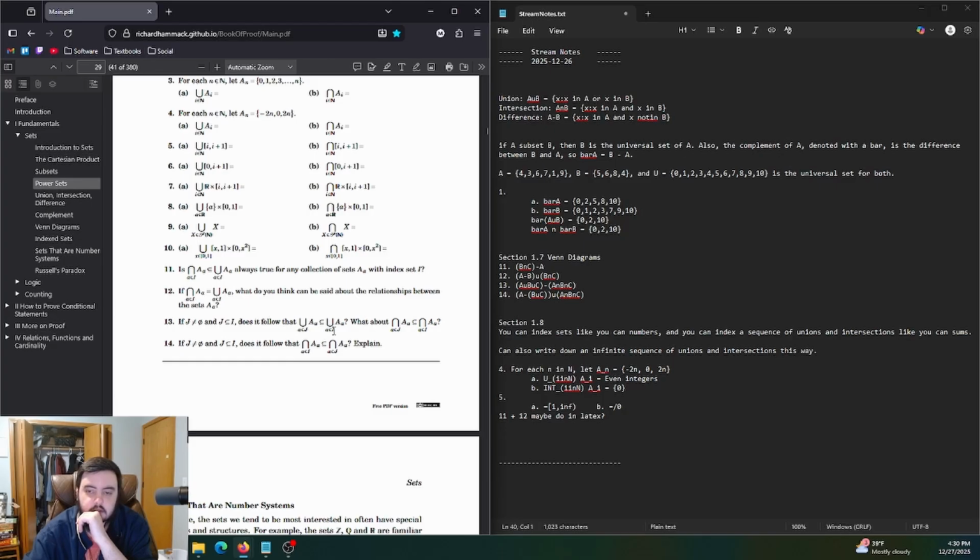Yeah, because for any one of these that are in J, let's say a beta in J, the set A sub beta is in here somewhere. And since beta is also going to be in I, A sub beta is going to be in here too. So you can do some element analysis there.